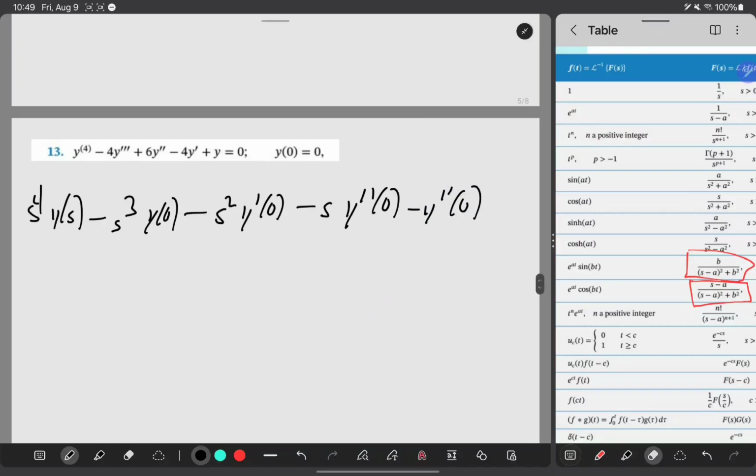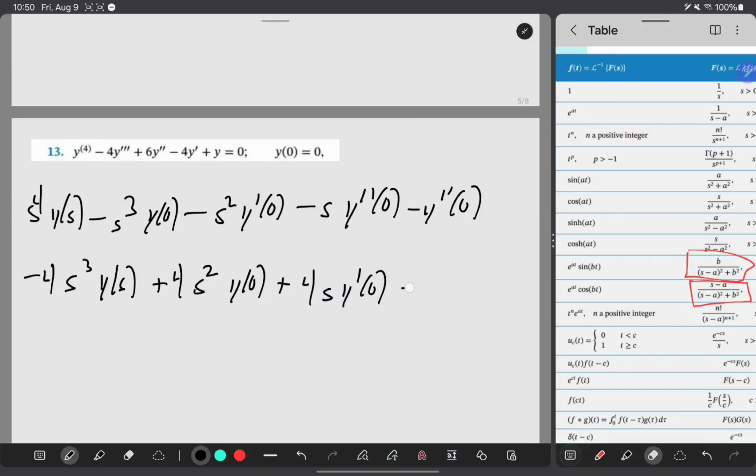Okay. Next line. Minus 4 s cubed. Yeah, that's cubed. Plus, yeah, these signs are weird. 4 s squared y of 0 plus 4 s y prime of 0 plus 4 y double prime of 0.